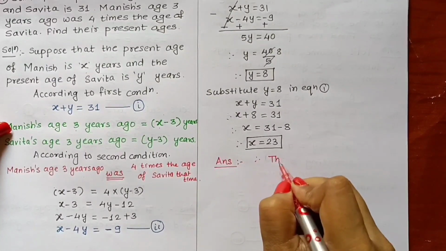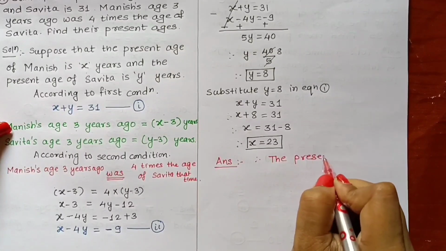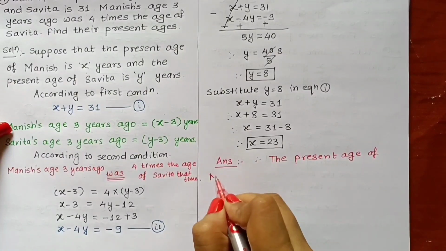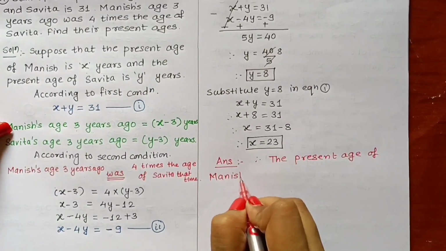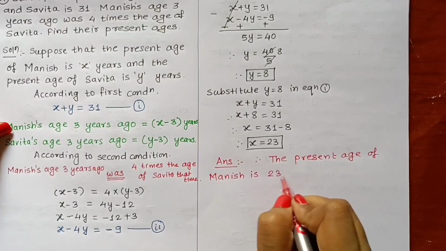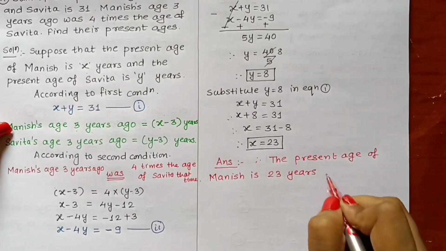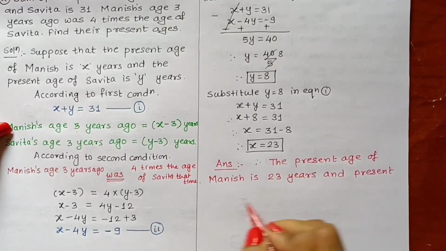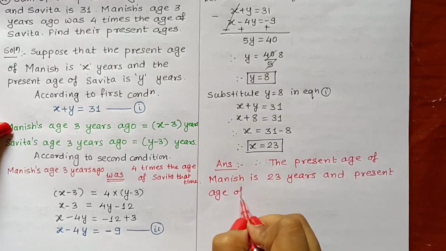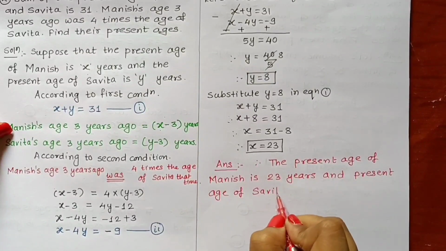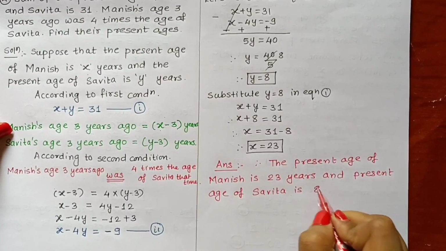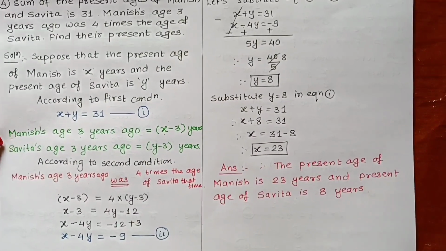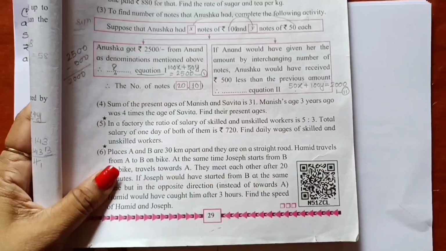Therefore the present age of Manish is 23 years and present age of Savita is 8 years. In this way the word problem can be solved.